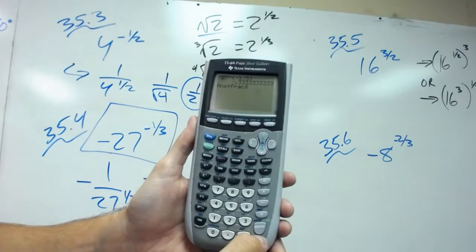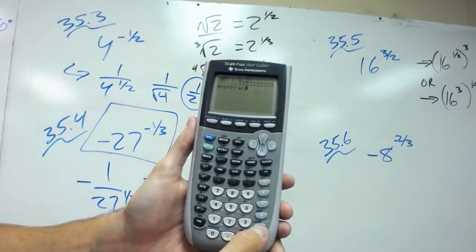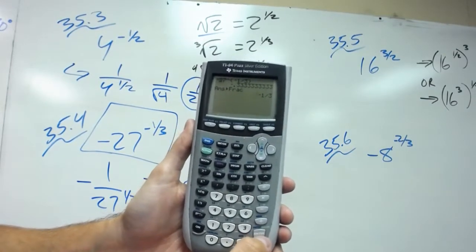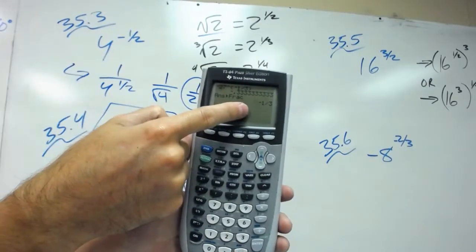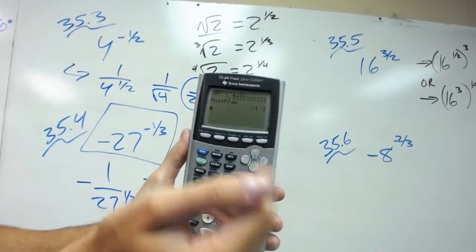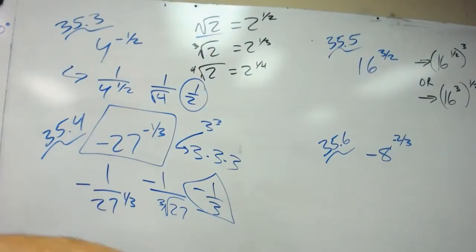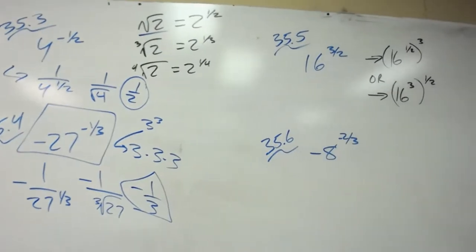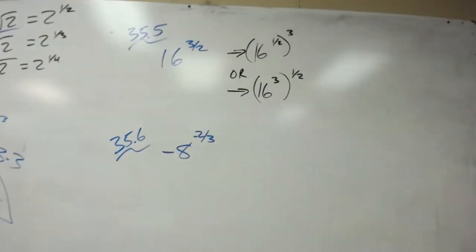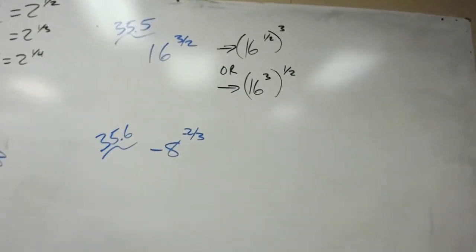Now it says you want your answer in fraction form. I do, so I push enter again, and it gives me negative 1 over 3. So you can also actually put these in your calculator. That's probably what everyone will do. I need that TI-84 plus though.